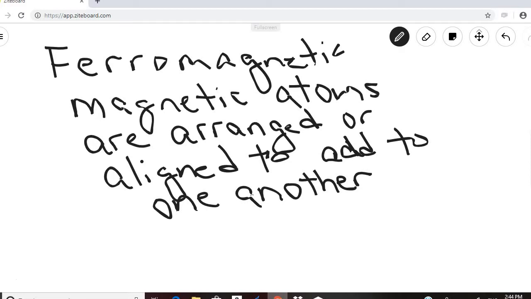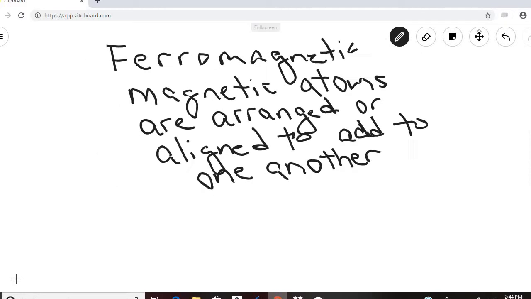So many atoms have an electromagnetic configuration that they will cancel each other out. Others do not.